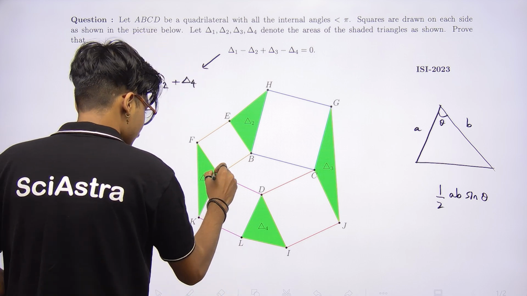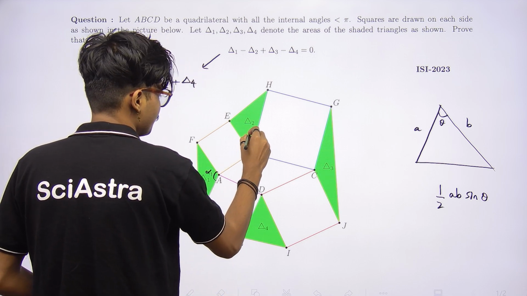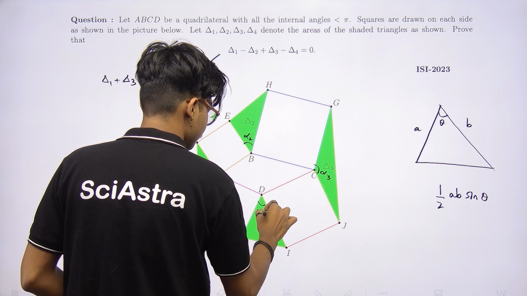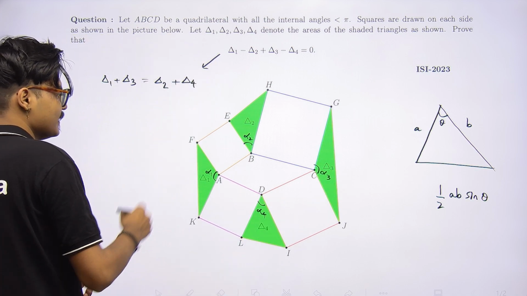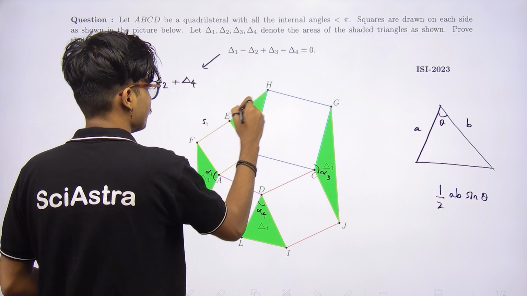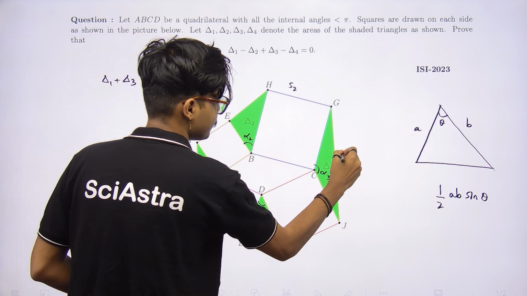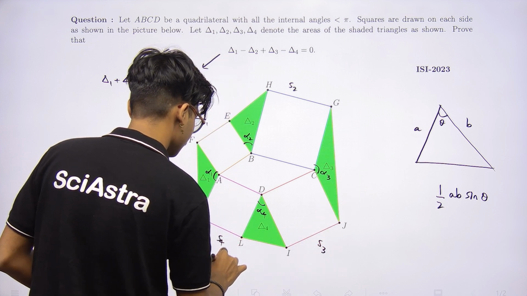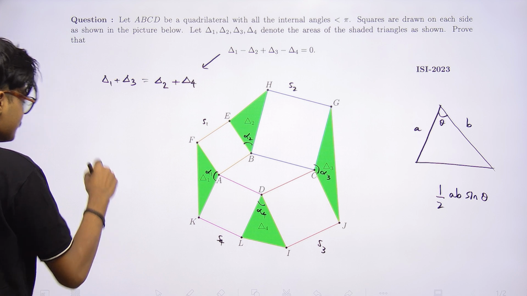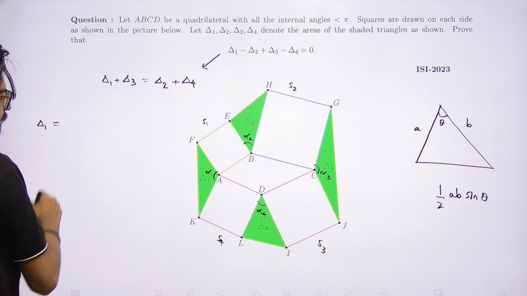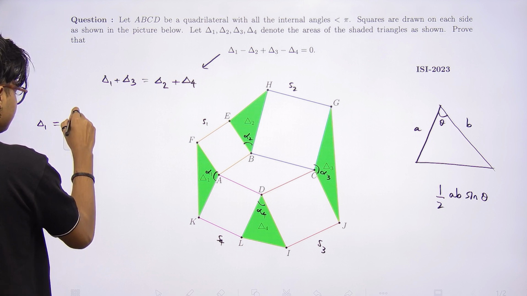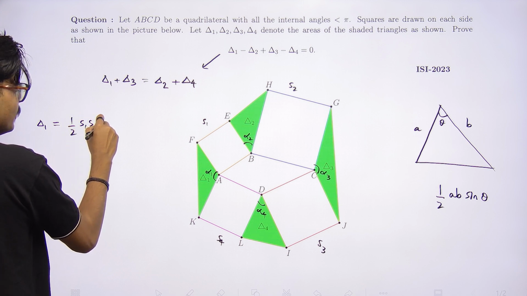If I label the angles as alpha 1, alpha 2, alpha 3 and alpha 4, and let's say that the sides of the squares are S1, S2, S3 and S4, then we can write the areas as follows. Delta 1 is just going to be half S1 S4 sine alpha 1.